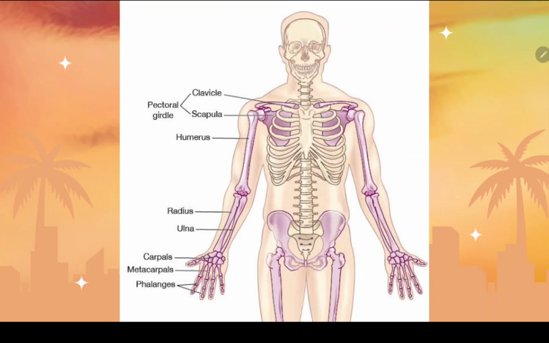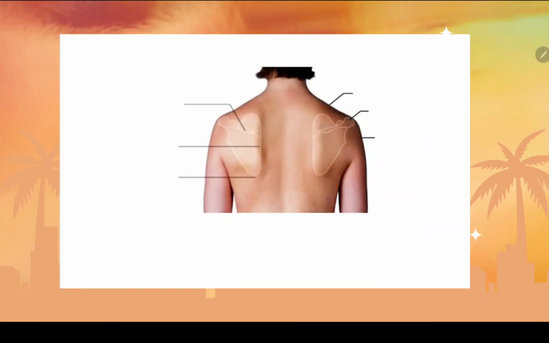Our next: shoulder has four parts. One is the pectoral. We have done pectoral girdle, right? Second is the scapular. Scapular region is at the back of the body, right? And you can see this is the scapula.